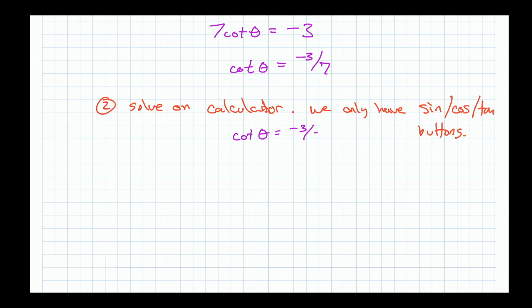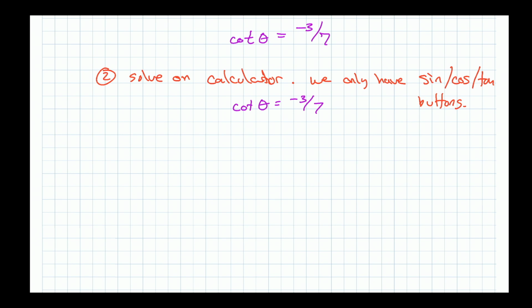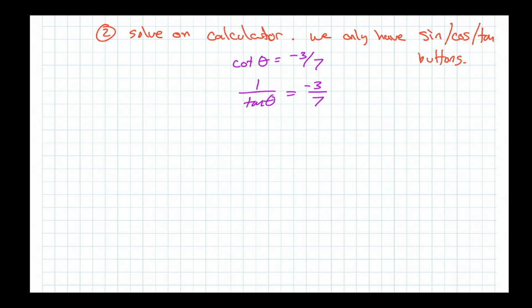So what you actually have to do is you have to say, well, cotangent theta is negative 3 over 7. But a cotangent is actually 1 over tangent, which is negative 3 over 7. And then just flip these both upside down.